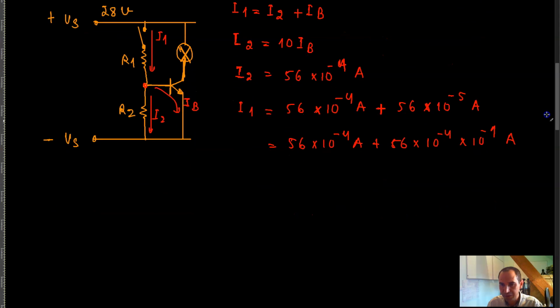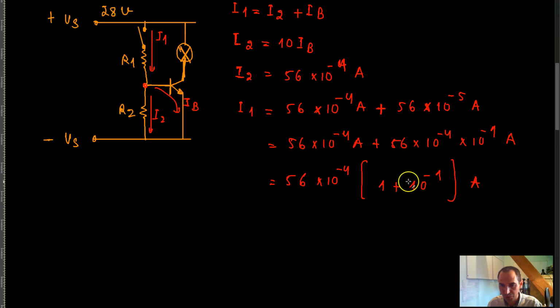And I can take 56 times 10 raised to the power negative 4 out, and that becomes 1 plus 10 raised to the power negative 1, all in amps. And 10 raised to the power negative 1 is 0.1.